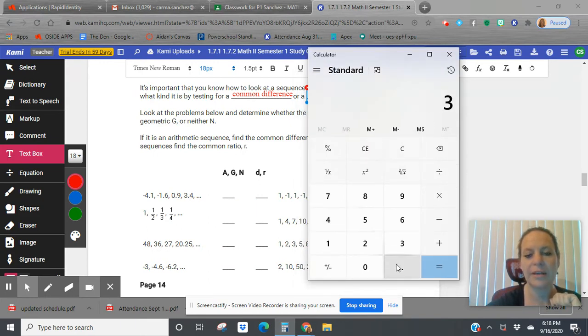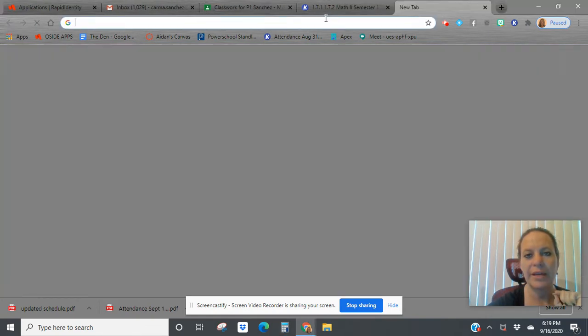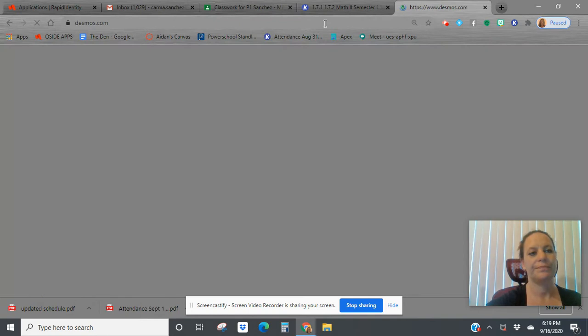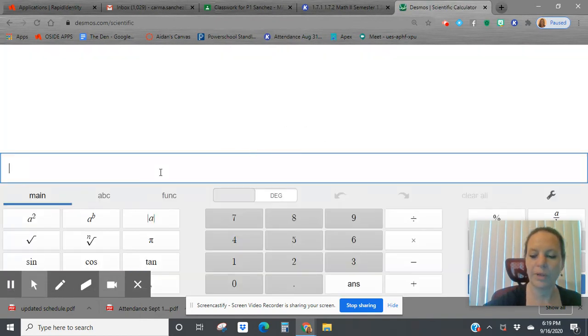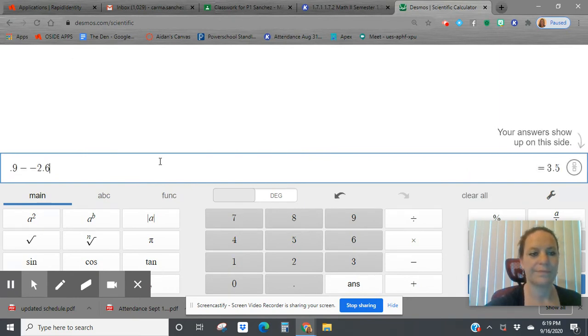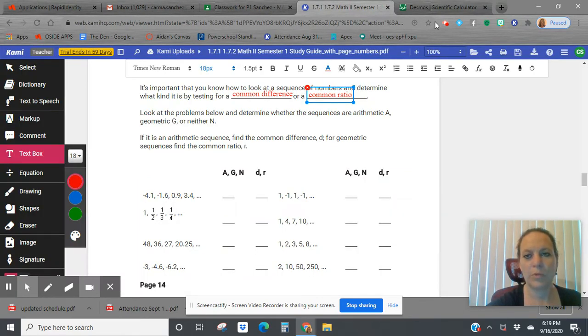So let's try subtracting. 3.4 minus 0.9. That's a difference of 2.5. Then we say 0.9 minus a negative 1.6. And this calculator doesn't do negatives. 0.9 minus a negative 1.6.